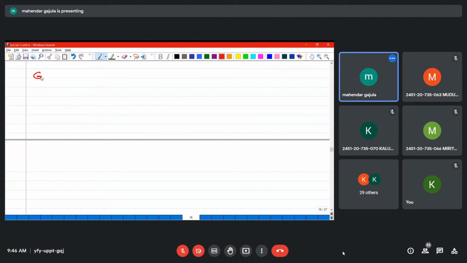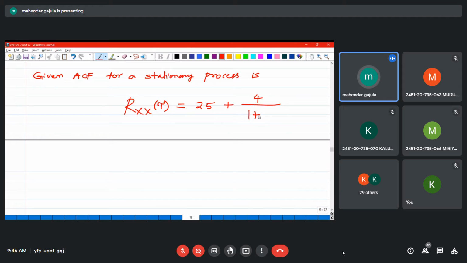Given the autocorrelation function for a stationary process is R double x tau equals 25 plus 4 by 1 plus 6 tau square.